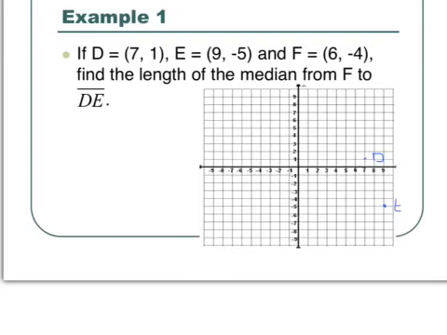That's E. And we have 6, negative 4. And that's F. So I have this triangle right here.